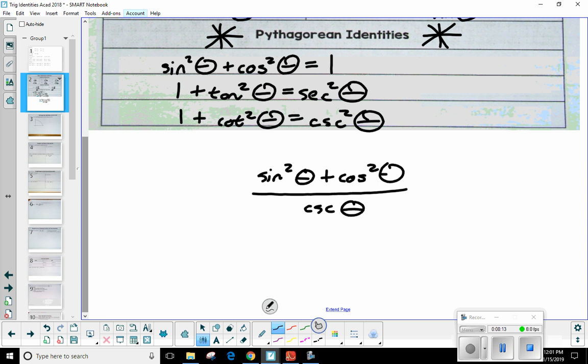Using the rules that I've seen so far, I want to simplify this into just a single trig function. Just one trig function. Is there anything that stands out to you? Is there anything really obvious? Do you notice any of those rules?